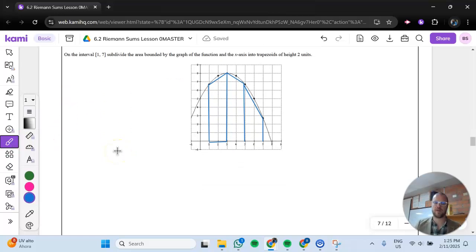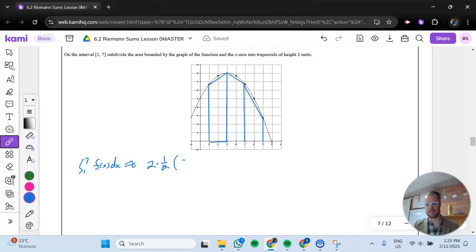Now, of course, because the formula for a trapezoid is a little more complicated, the formula for adding them all together is also a little more complicated. So what we're going to have here is 2 times 1/2 times, the 2 is the width, times those 2 lengths or heights or bases, whatever you want to call them.